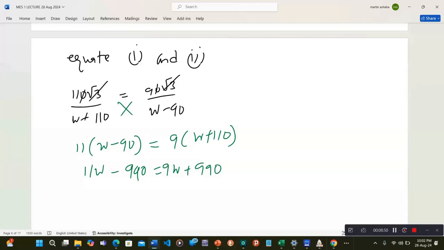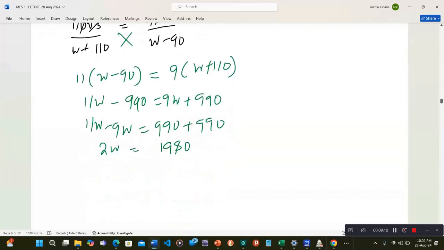So what happens? I will bring this side and this the other side. So here I will have 11W minus 9W equal to 990 plus 990. So here I will have 2W equal to 1980. So divide by 2, divide by 2. So what happens?